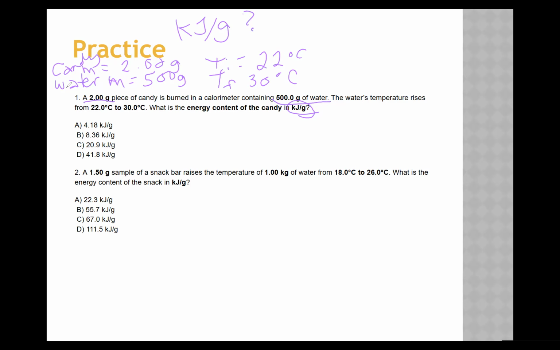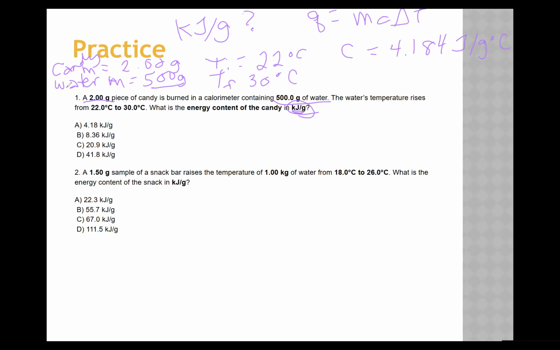To do that, we have to find our heat, which is Q equals mc delta T. We know that we're dealing with water, so our C is 4.184 joules per gram degrees Celsius. We choose that one instead of calories because it wants our answers in kilojoules.